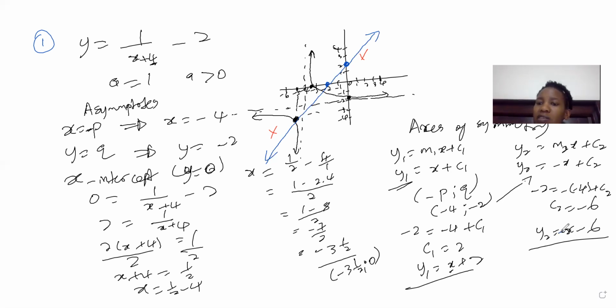This is a negative x here. So y-intercept, if x is 0, y becomes -6. So let's extend here. So we are here. Sorry, then x-intercept, y becomes 0. Therefore, x becomes -6. Then here is your other straight line.